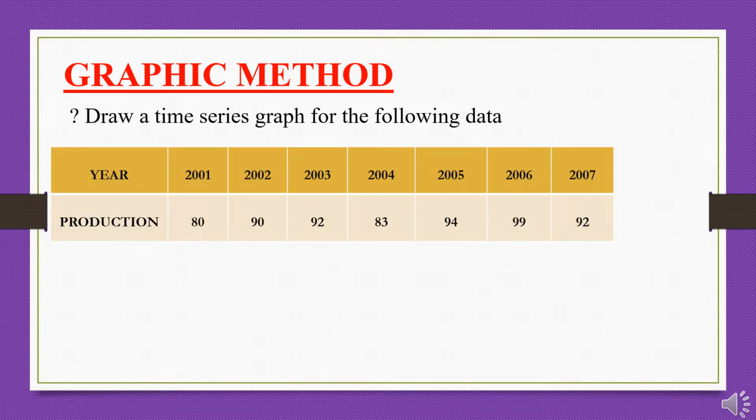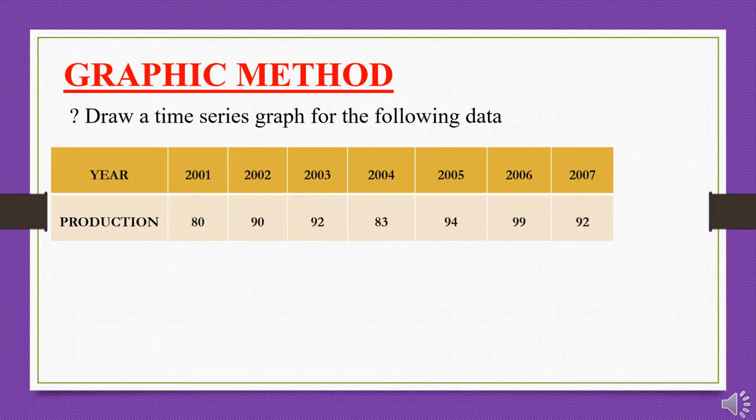Then we have a problem. Draw a time series graph for the following data, with the trend line. Year 2001, 2002, 2003, 2004, 2005, 2006, 2007, and the corresponding production values are 80, 90, 92, 83, 94, 99, 92.